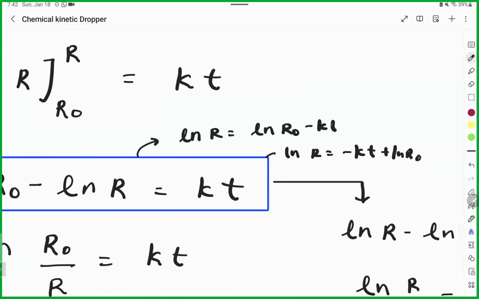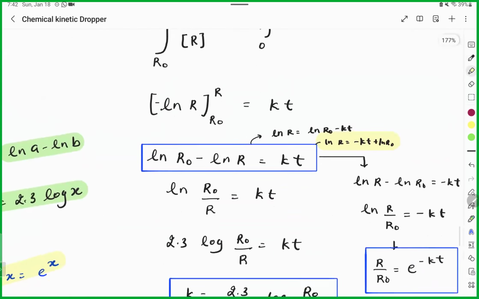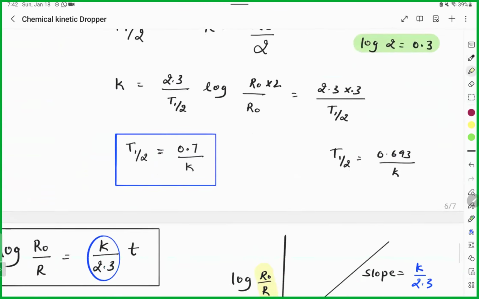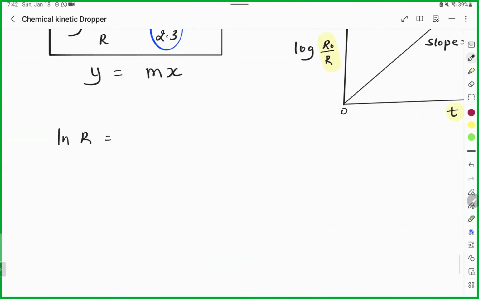Yes or no? It's just that we are doing a different version because I need to give you the graph, and I will show you the graph. It depends on what will be asked. Your natural log R value is equal to natural log R naught minus KT. This was the equation.